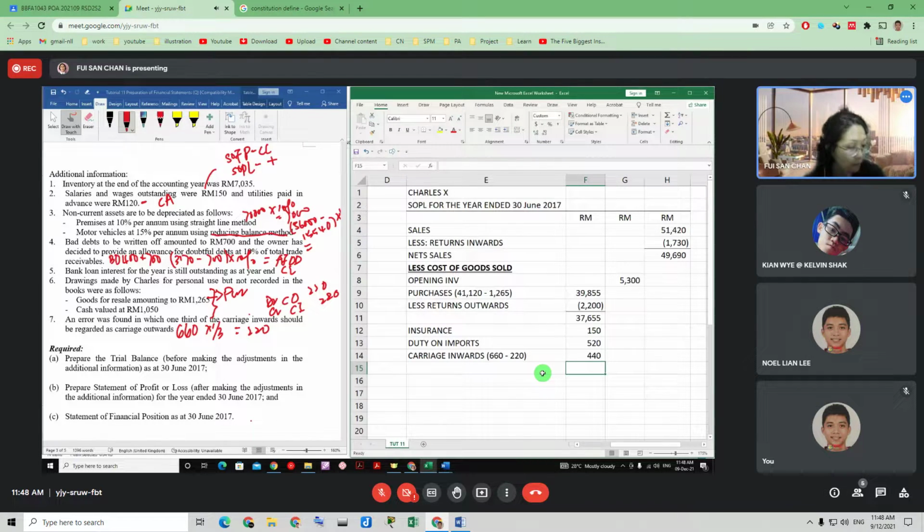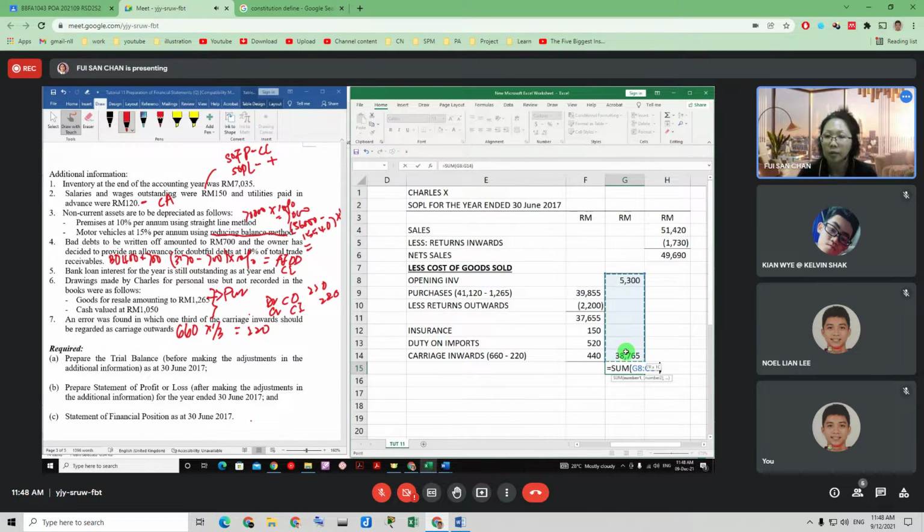No? Okay. So all this we add. Purchases plus the cost of purchases, so we get this number and we are going to add together with our opening stock. So opening stock plus purchases.